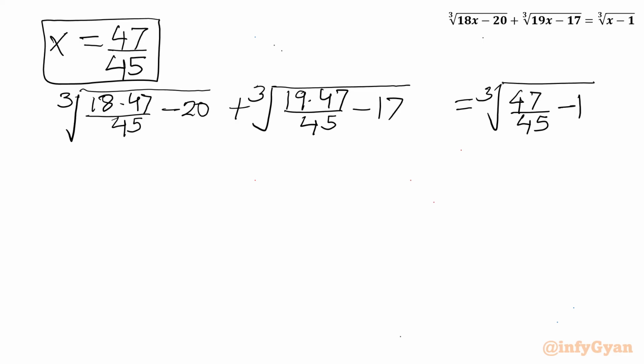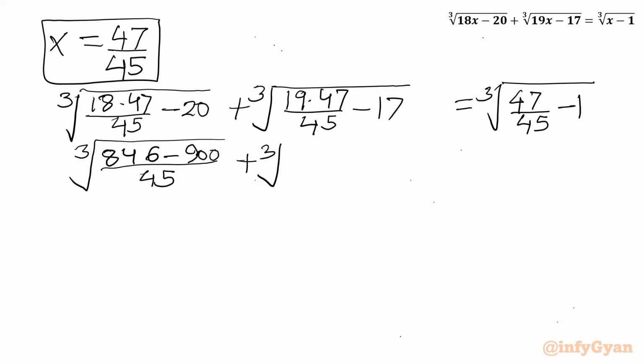So 18 times 47, 846, minus 900, divided by 45, cube root, plus cube root of 19 times 47, 893, minus 17 times 45, 765, over 45.